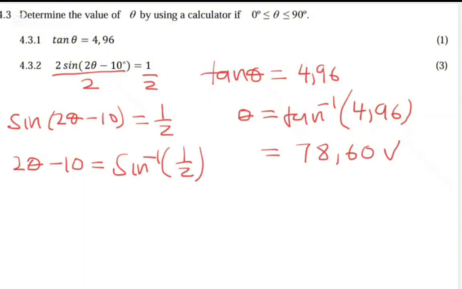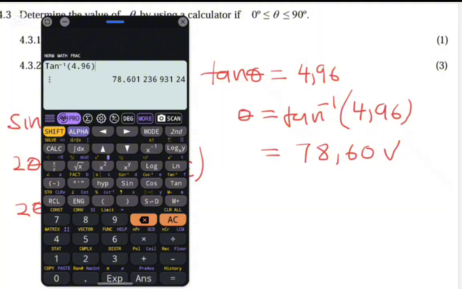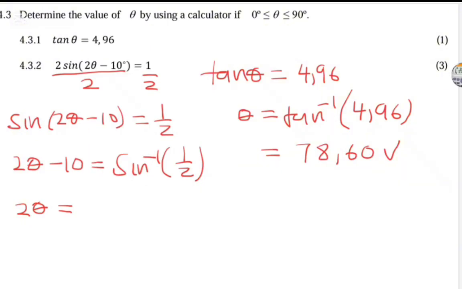So then 2 theta is going to be equal to sine inverse, I think this is 30. Sine inverse of 1 over 2. Yeah, I think it's 30. This is going to give us 30.